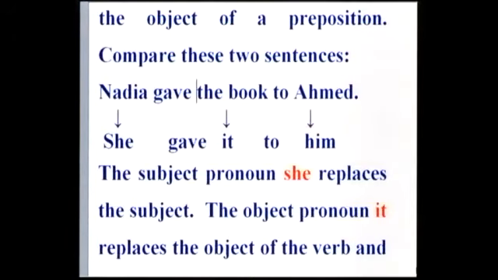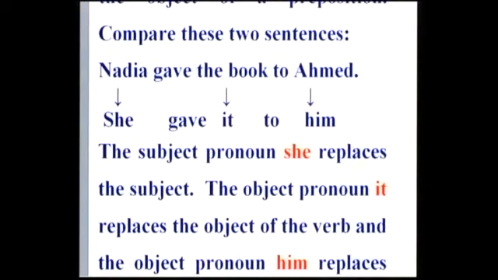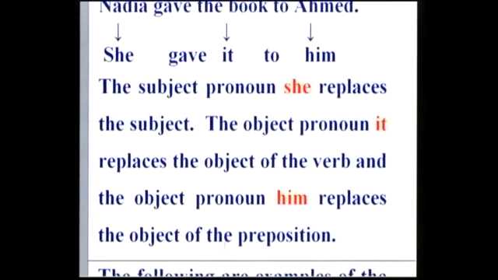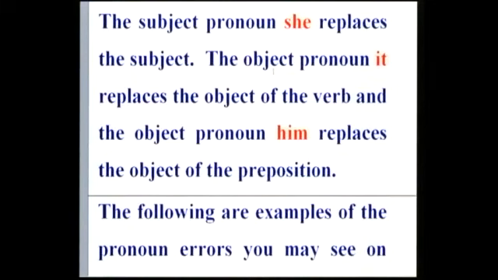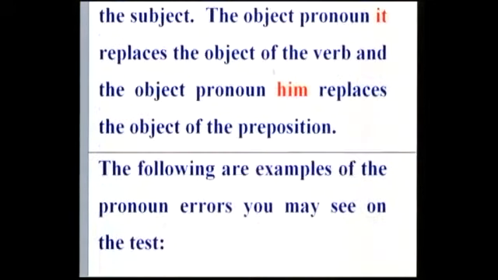So Nadia gave it to him. The object pronoun it replaces the object of the verb, and the object pronoun him, to him, replaces the object of the preposition. Right.